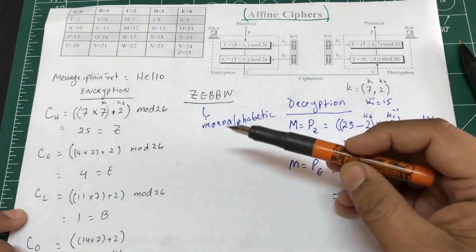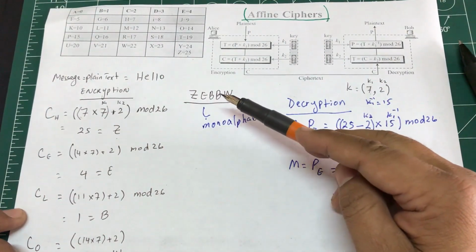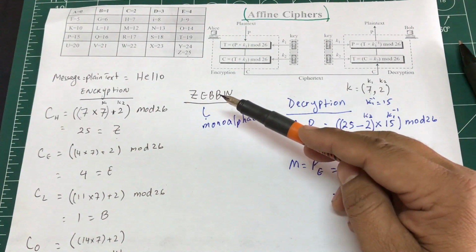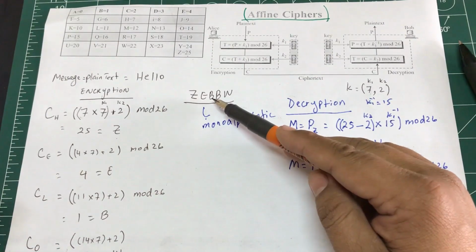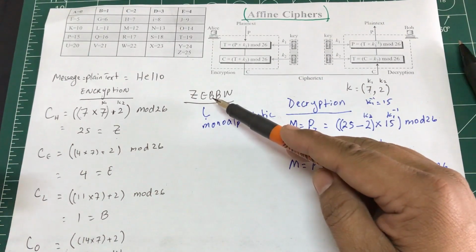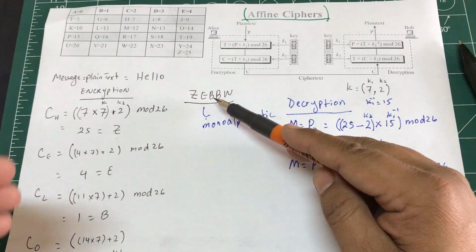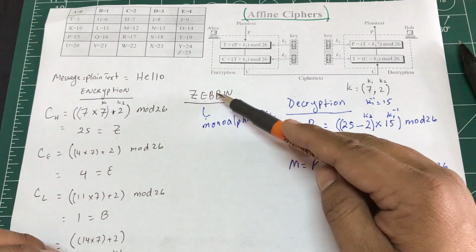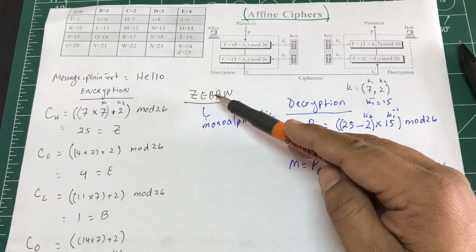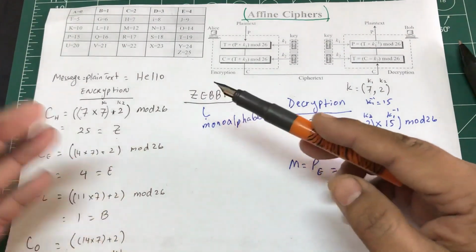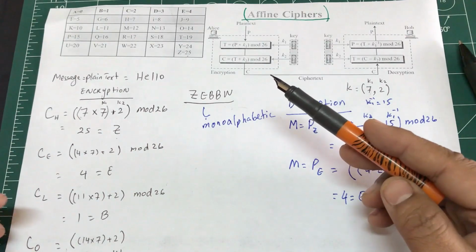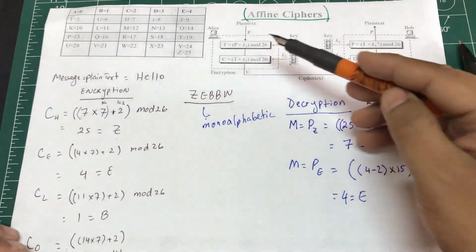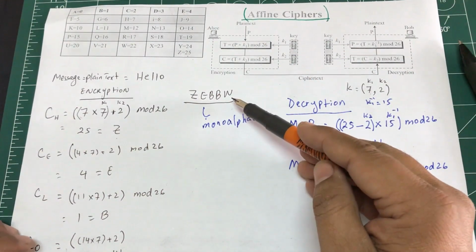When a person is performing a frequency analysis attack, he will be able to know that this letter is continuously being repeated, which means I can do a frequency analysis attack to find out why this letter keeps appearing, which means this is one of the very common letters in that particular text. So still monoalphabetic, not very good, even though we're using two different keys.